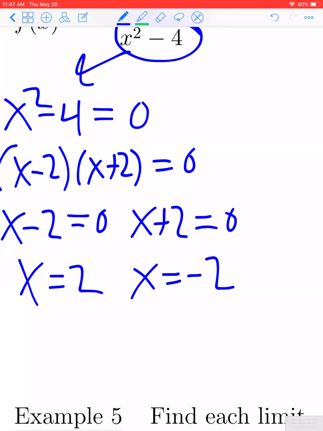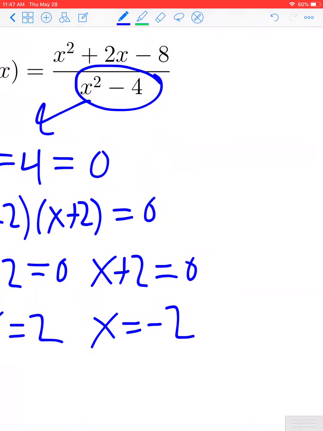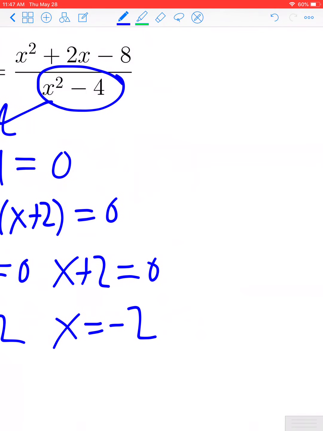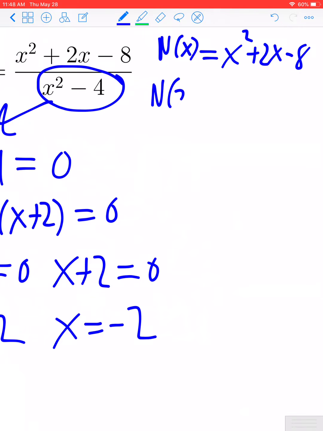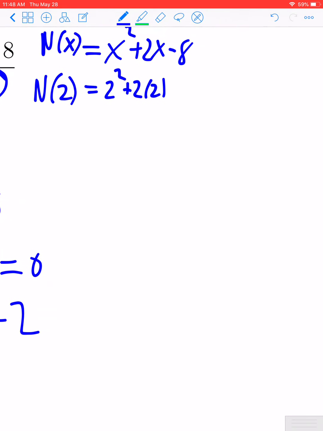Now, before we declare any of them to be a vertical asymptote, we would have to check to make sure that they don't also simultaneously make the numerator equal to 0. Let me call this n of x for the numerator. It's x squared plus 2x minus 8. If I plug 2 into that numerator, I'm going to get 2 squared plus 2 times 2 minus 8, which is 4 plus 4 minus 8, which is equal to 0.